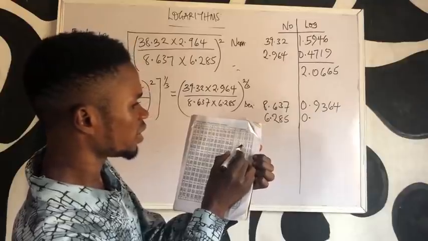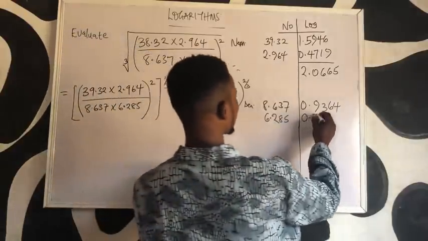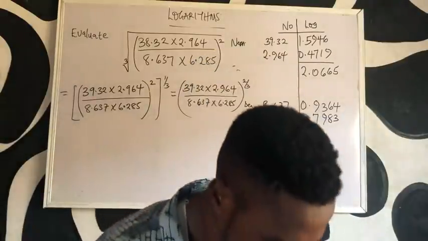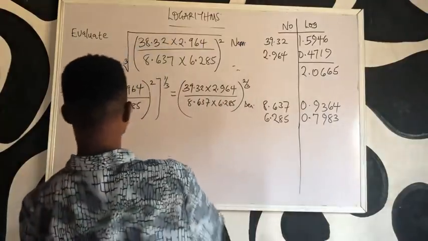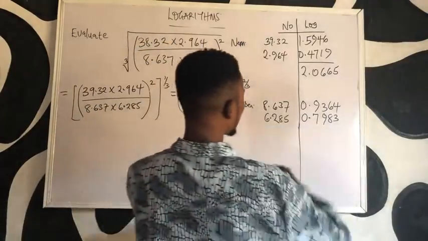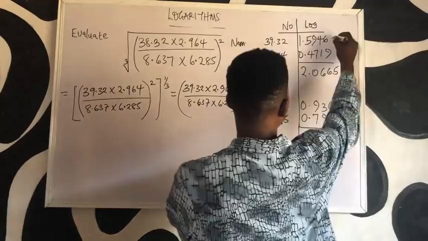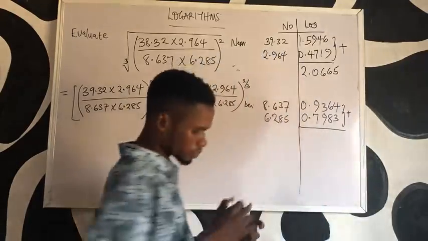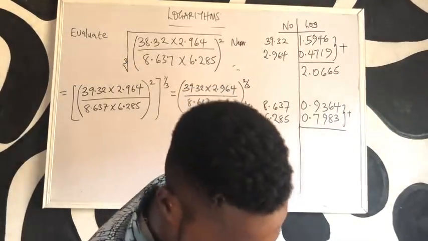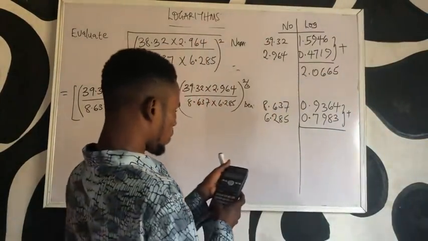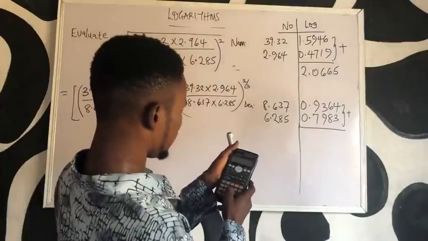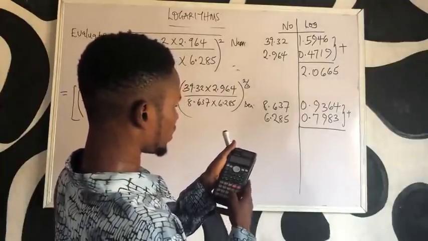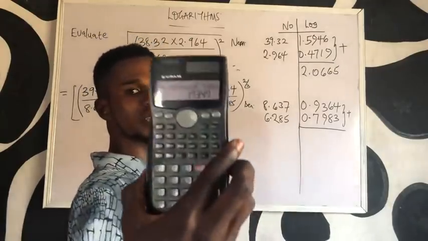Difference 5 is 3. That's 7983. So also, they are multiplied together. Don't forget we added the values for the numerator. So we need to take the addition of the numbers. 0.9364 plus 0.7983 is 1.7347.